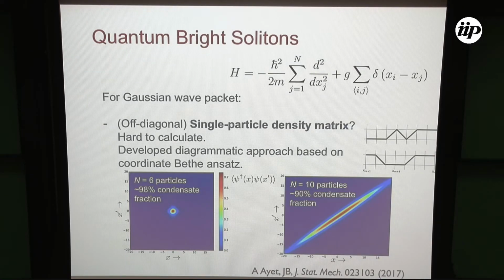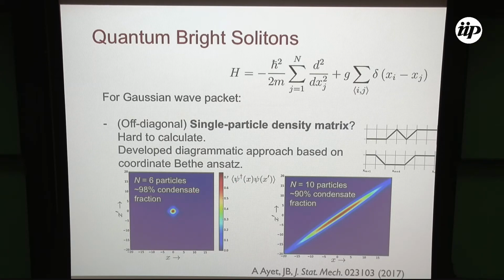Okay, and I just want to mention briefly that the off-diagonal single particle density matrix is not so easy to compute from the Bethe ansatz, as people may know. So I had a project student, actually a summer student, who was with me a couple of years ago, and he developed a diagrammatic approach based on the coordinate Bethe ansatz to calculate this, the full single particle density matrix.